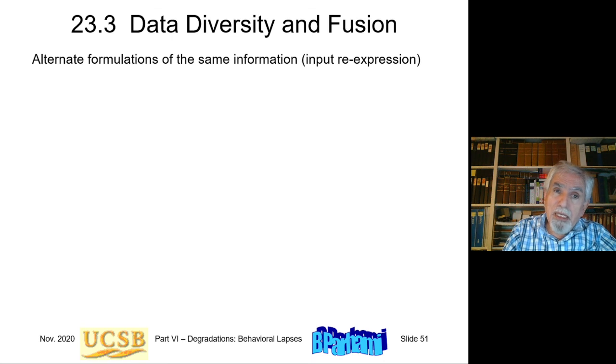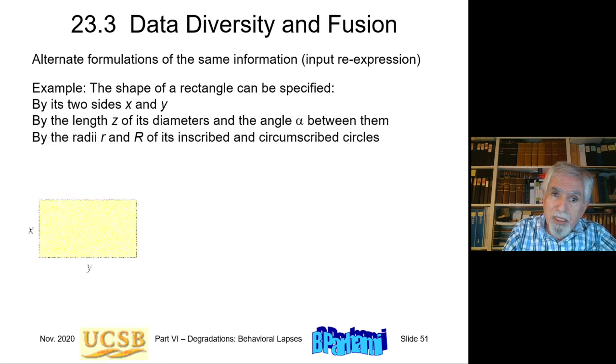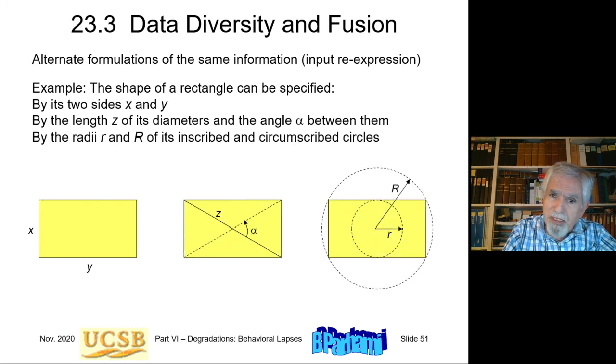Okay, another idea is to use what is known as data diversity. So what is data diversity? Here is a very simple example. If you want to specify a rectangle, you can specify it by its x and y dimensions. You can specify it by the length of the diameter and the angle between the two diameters.